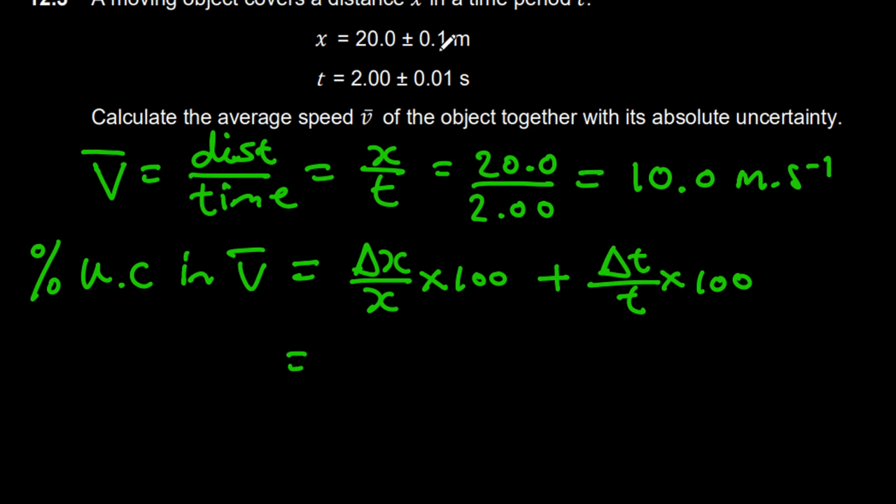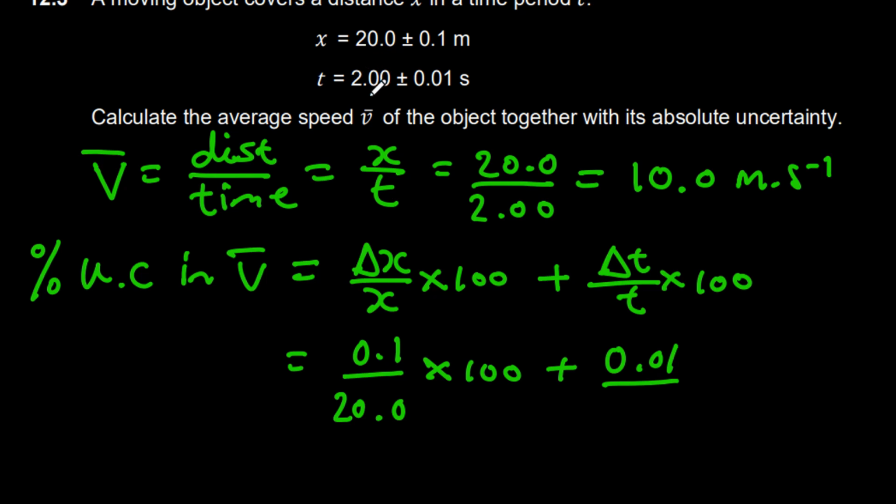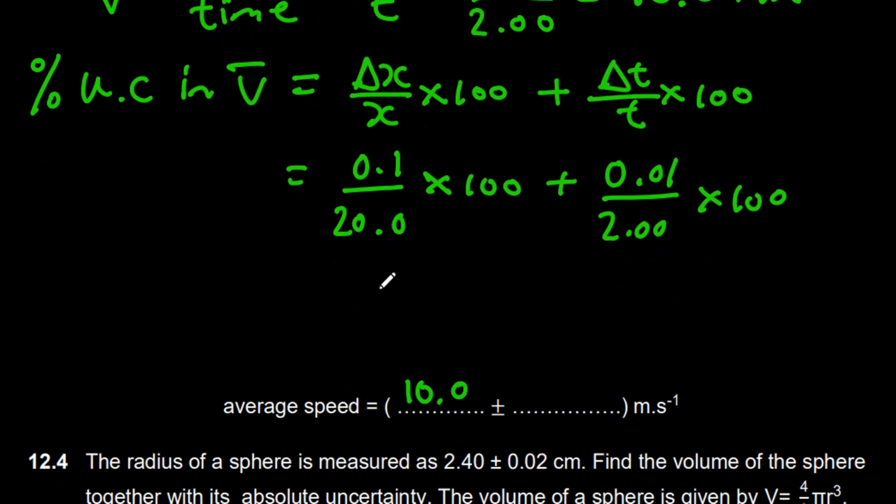Delta X is the absolute uncertainty in X. X is the measured value. Delta T is the absolute uncertainty in T divided by the measurement. We can do this on a calculator and it comes to 1%.